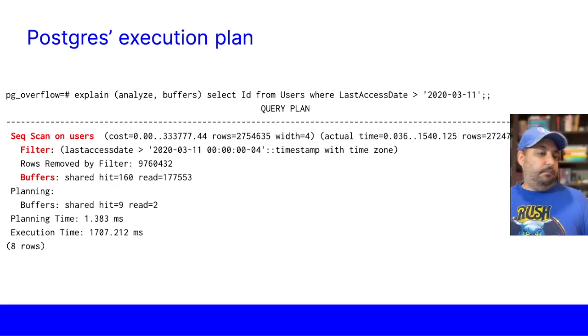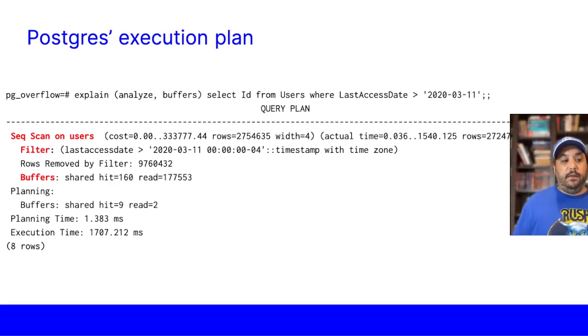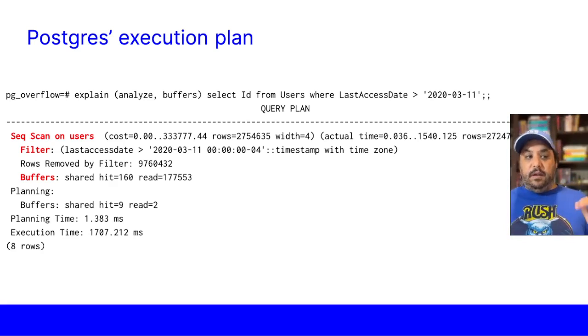As you can see, yeah, that is what Postgres does, right? It does a sequential scan on the users, just like before. In this case, we have a filter now that has been added, right? And you'll see that we're filtering on last access date greater than March 11th, 2020. So that filter happens, which is a little bit of extra work in there.